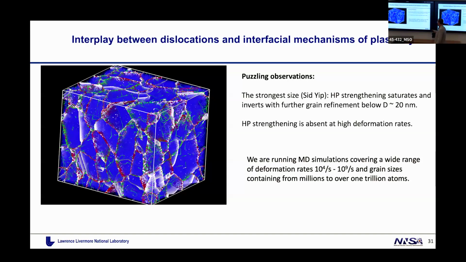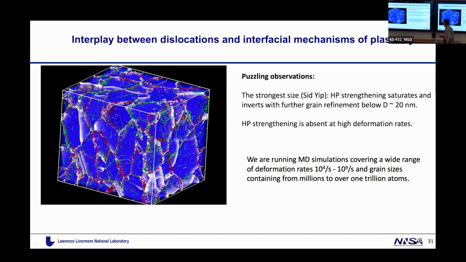Again in the same range of 10 to the 9, containing up to and over 1 trillion atoms. Because when you do that, you span the entire range of relevant grain sizes, from 2 nanometers, tiny, tiny grains, to 1 micron, where all these effects should completely disappear.